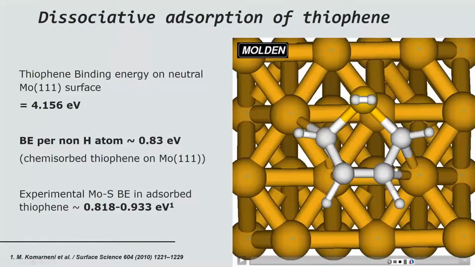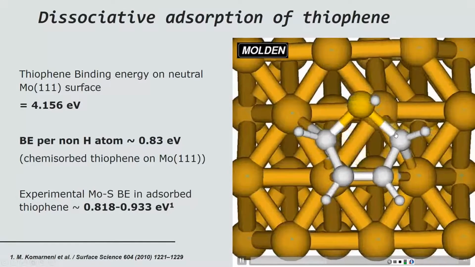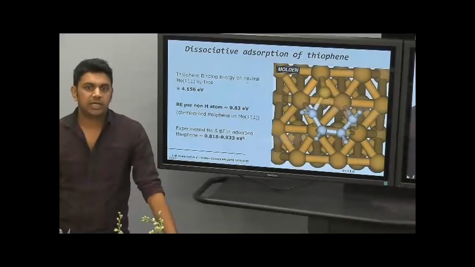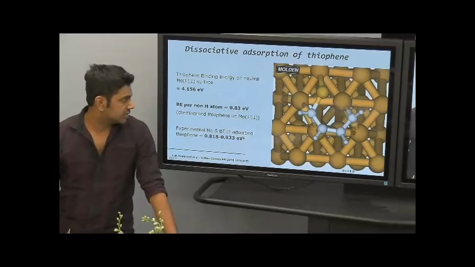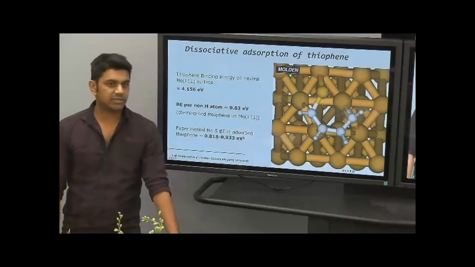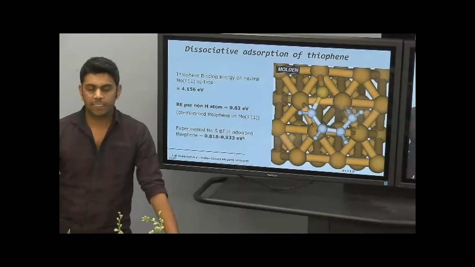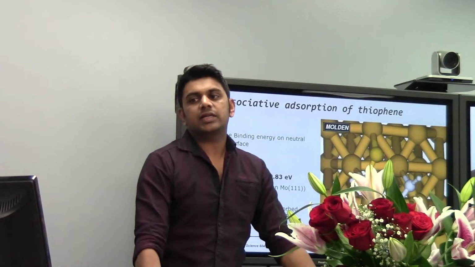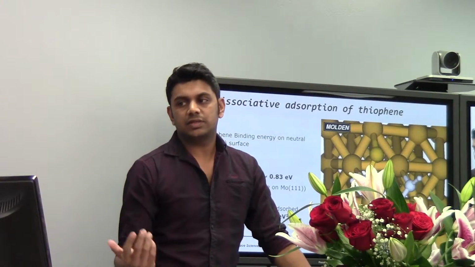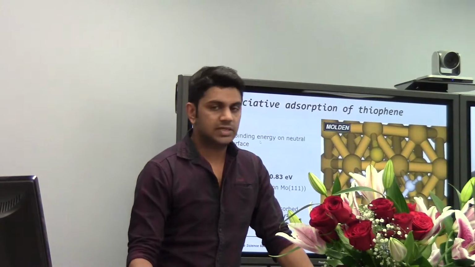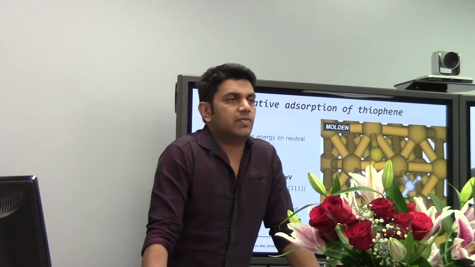This movie further illustrates the dissociation of this carbon-sulfur bond during the adsorption process. So this further confirms that thiophene is dissociatively adsorbing on these catalytic surfaces. Here we also calculated the binding energy of this thiophene molecule on the neutral molybdenum surface, and it is found to be 4.1 electron volts.